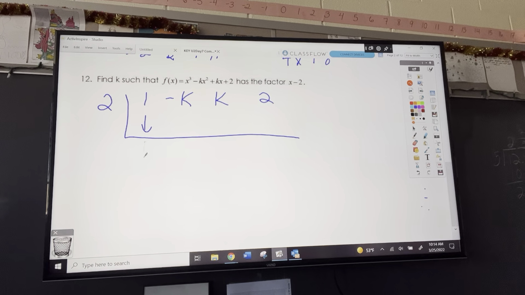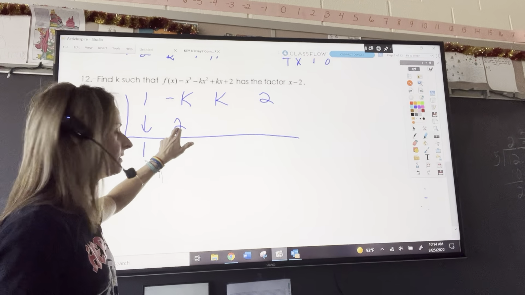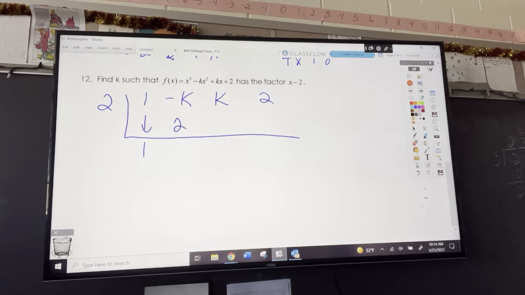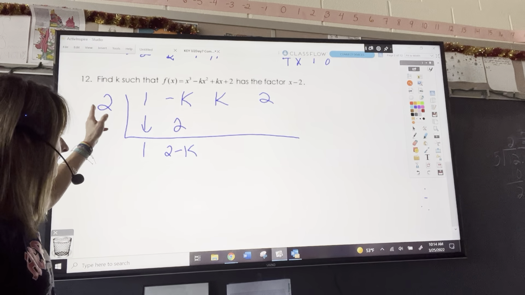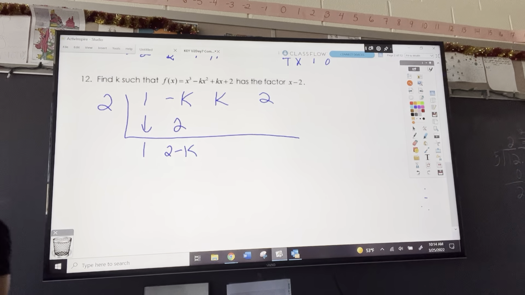Now we're going to start synthetic division. It says negative k plus 2. I'm just going to write that as 2 minus k. When I multiply 2 by 2 minus k, I get 4 minus 2k, because you have to distribute the 2.